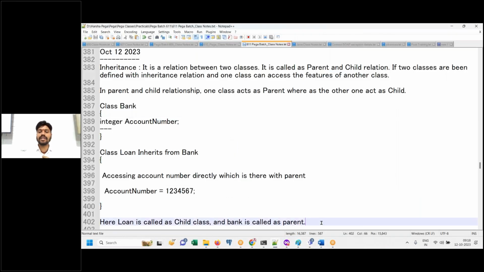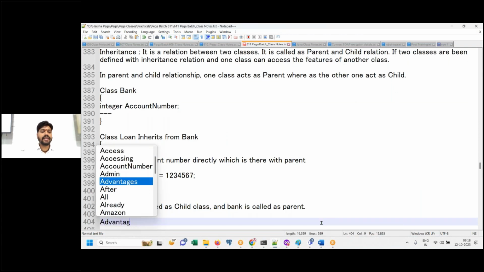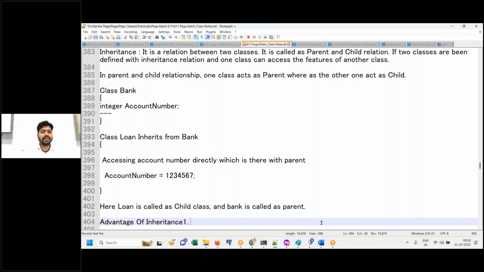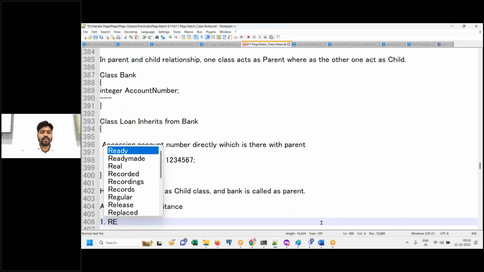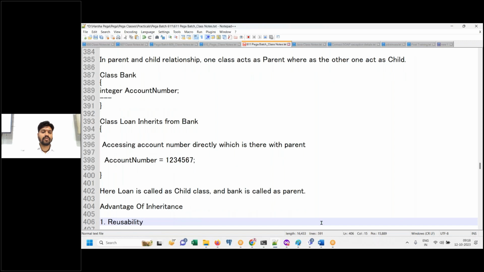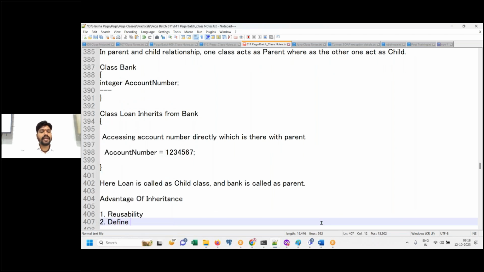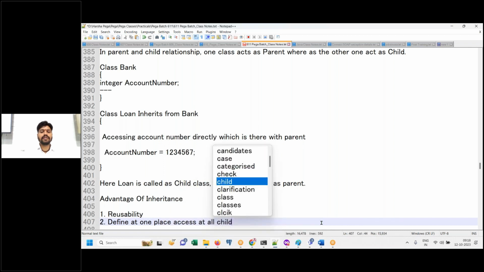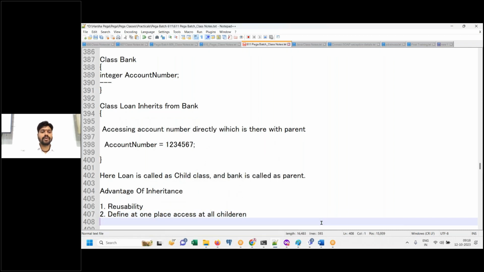Everyone clear about the inheritance concept? Advantage of inheritance? Again, same thing. Reusability. Define at one place, access at all children, many places. That's what reusability is.